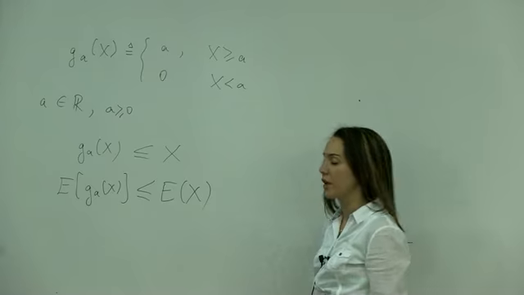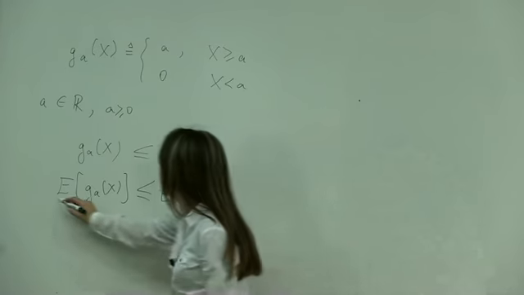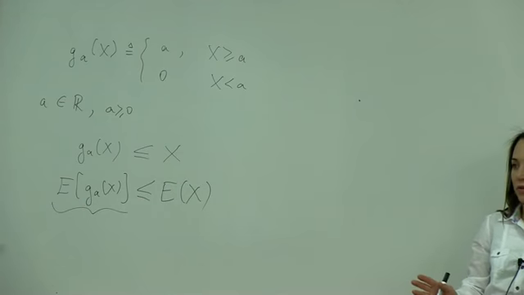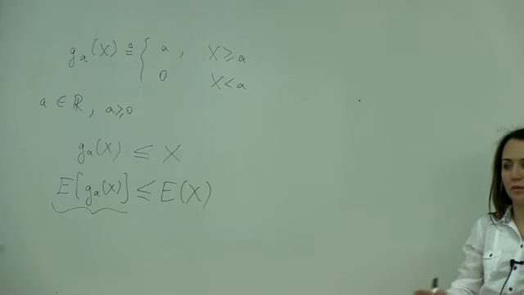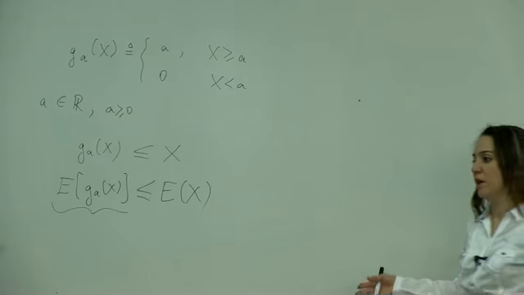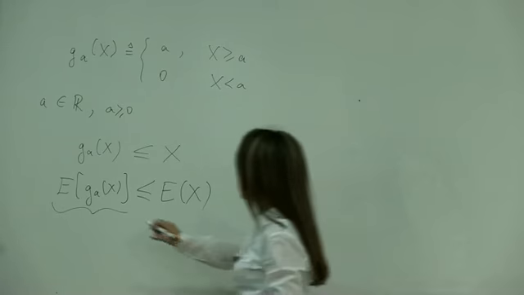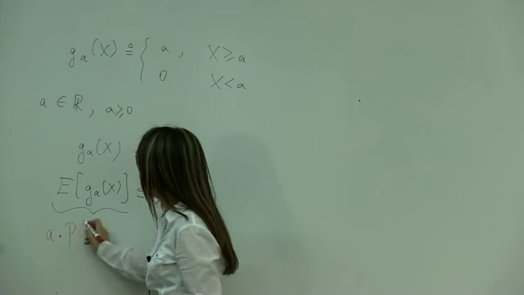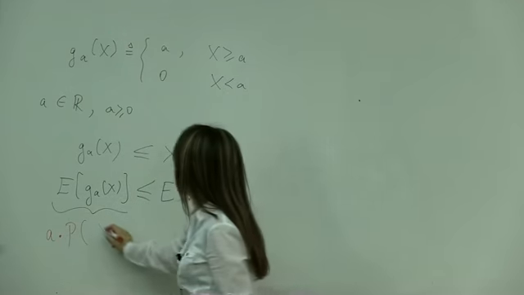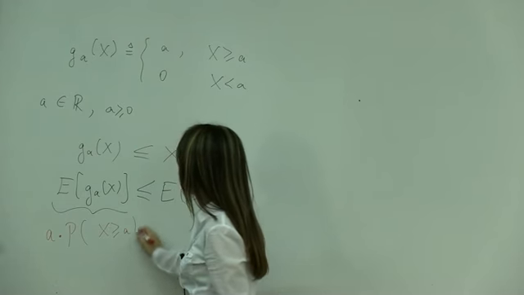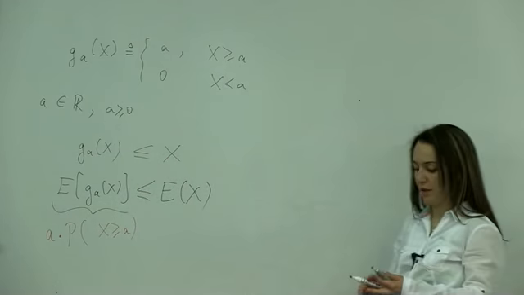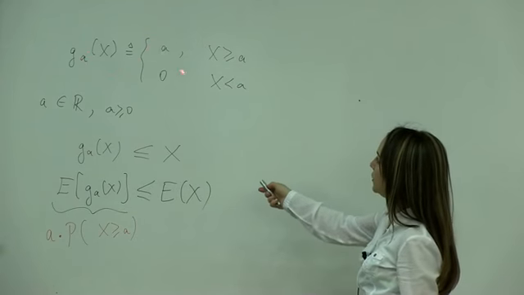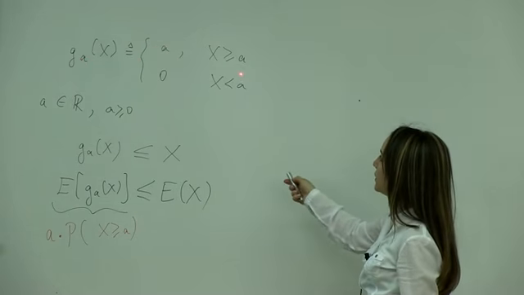Right? Now let's compute the expectation of g. That's easy. g takes two values. It's a with a certain probability and 0 with another probability. So this is a times the probability that x is bigger than or equal to a. Right? Because g takes the value a whenever x is bigger than or equal to a.